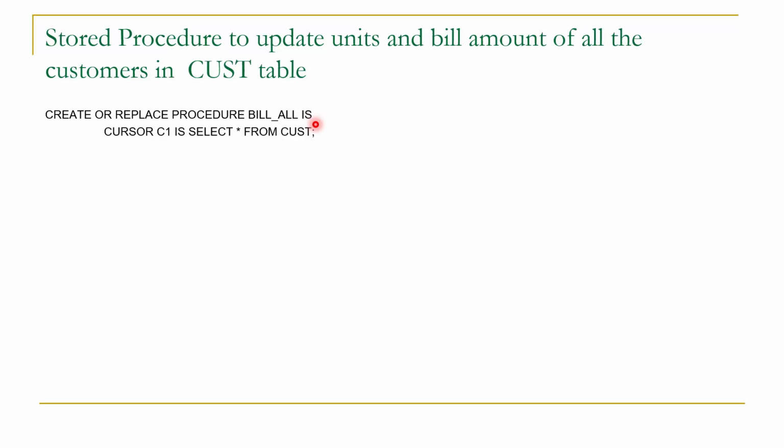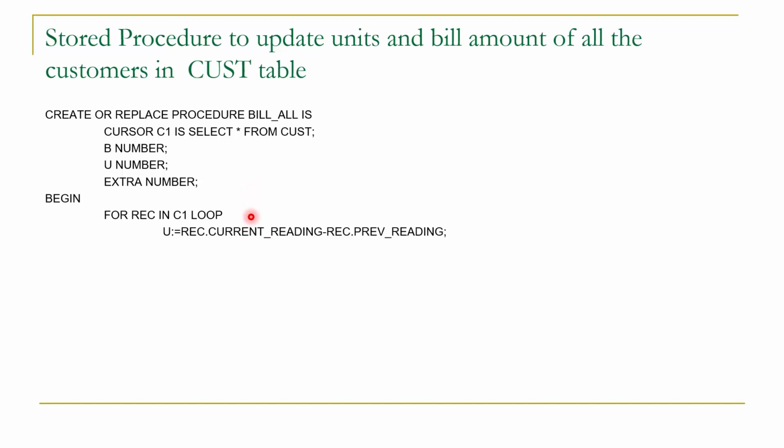Then we are declaring our cursor. Cursor C1 is select star from cust. Here we are declaring some variables to store the value of bill, units and extra units. In the begin section, we are using a cursor for loop to fetch the value of the first row in the REC variable. Here we are calculating the units of the first row. Based on the value of units, we are calculating the value of bill.